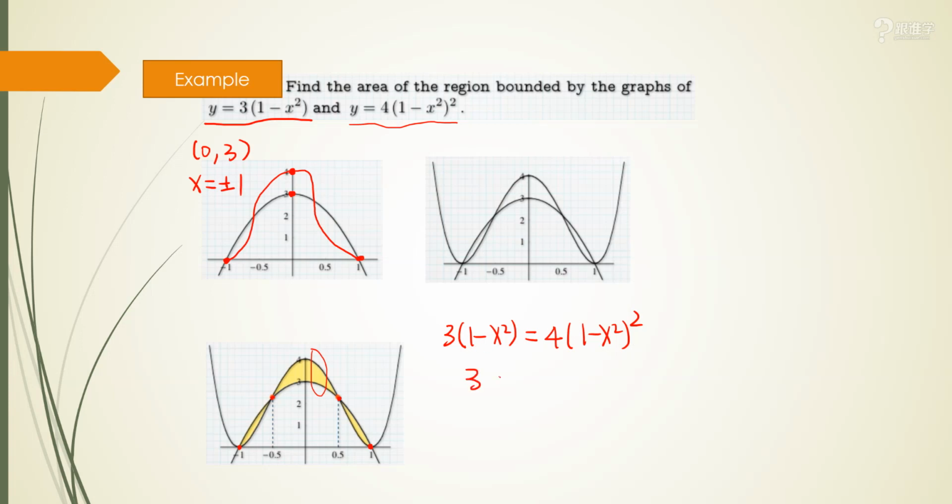So that is going to be 3 equals 4 times (1 minus x squared). Rearranging terms, 4 times x squared is going to be 1, so x squared is going to be 1/4. Then we finally find the x coordinates for the points of intersection to be plus and minus a half, which is shown here. Now we can do the computation.